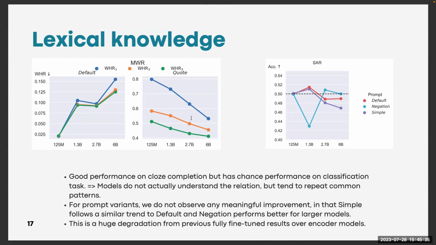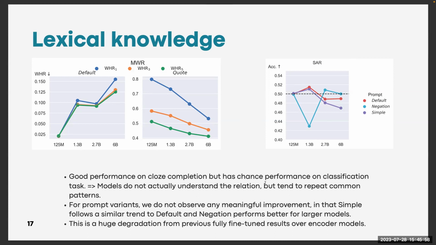Based on the results, the model seems to understand the relation between antonym and synonym. But when we observe the performance on classification tasks, the results are very random, fluctuating around 0.5.